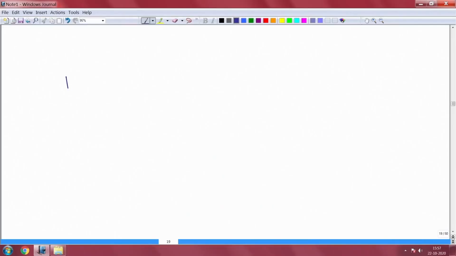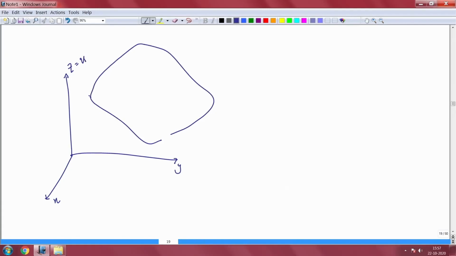So, let us try to understand my PDE now. This picture will help you all the time: x, y, u (or z, whatever it is), and you have an integral surface. So, what does this equation tell us?